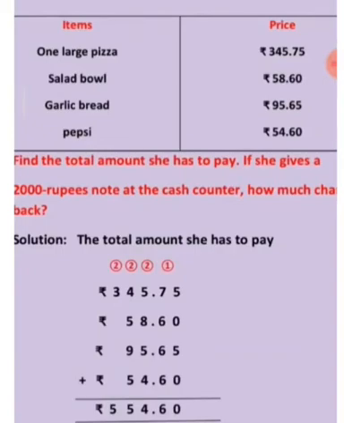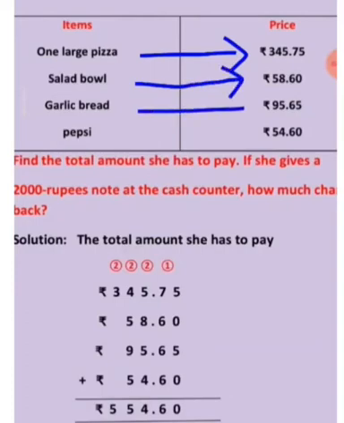See here, according to the question, 1 large pizza costs rupees 345, salad bowl rupees 58.60, garlic bread 95 rupees 65 paise and Pepsi rupees 55.60.